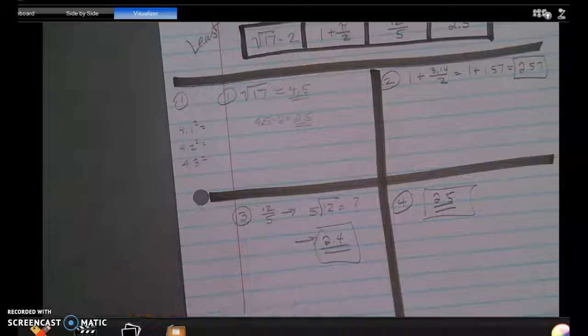So again, through the magic of YouTube, I went ahead and multiplied 4.1 squared, 4.2 squared, and 4.3 squared, just to see where 17 is going to fall closer to, okay?